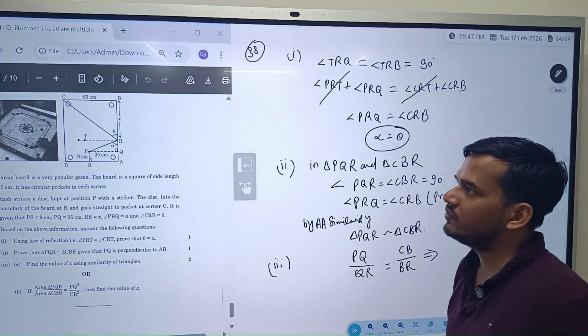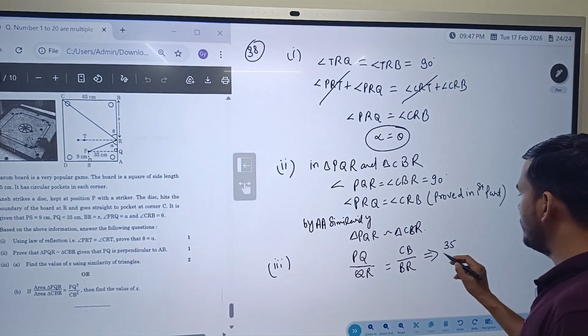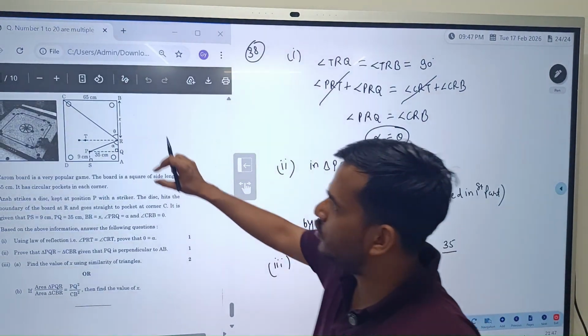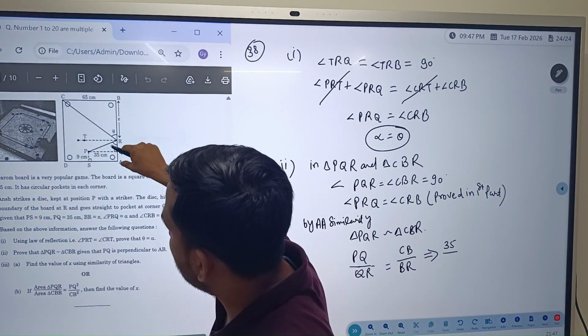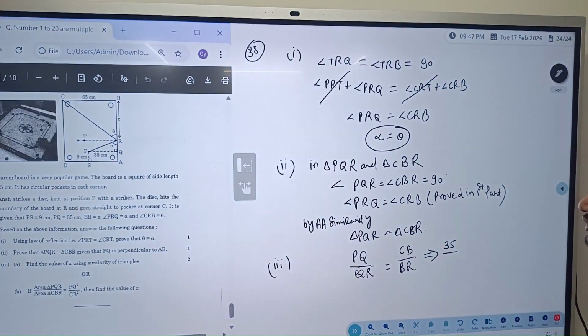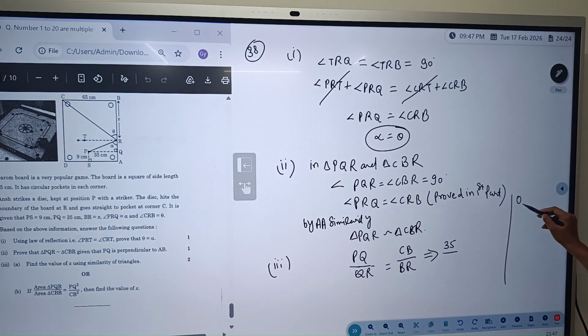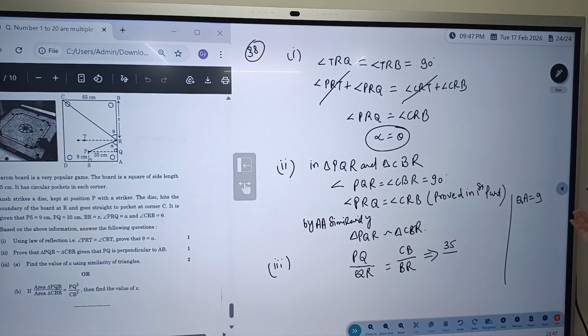Now PQ is given as 35, but QR is not given. QR is this part, PS is equal to 9 and QA is equal to PS. So QA is 9 and BR is x.